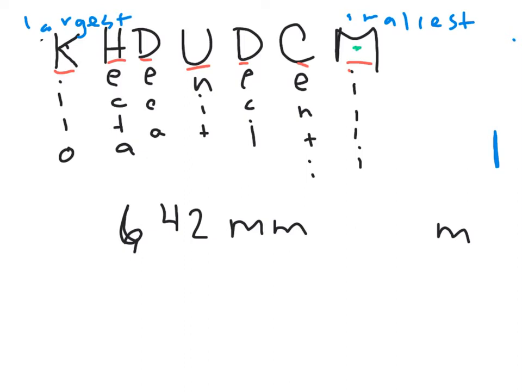Okay, this is my milli. And I want to go to meters, which is right here. So I know I'm going to move my decimal point 1, 2, 3 spots to the left. So 0.642 meters. Okay. You can go the opposite direction.